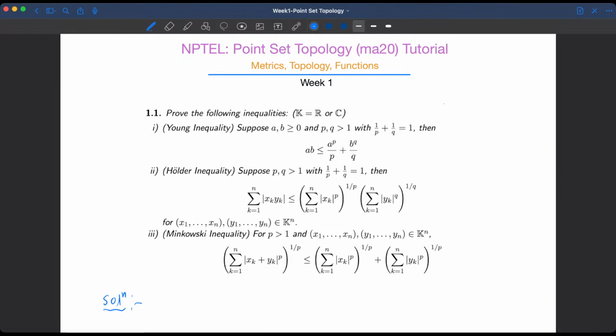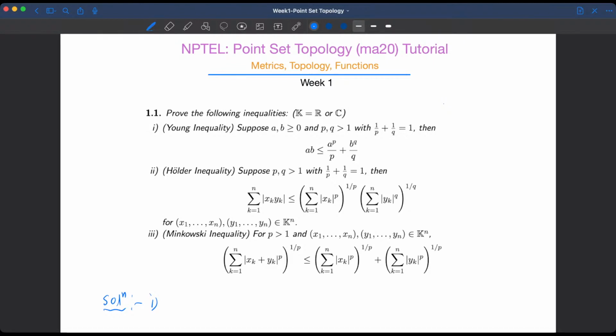We can prove it graphically. Graphically, okay, how? I'll take the function y equals x^p. Then ab will represent the area of the rectangle, and the right-hand side will give me more than the area of the rectangle.